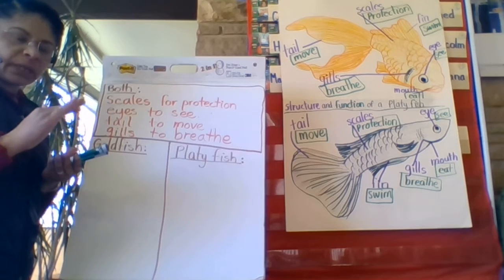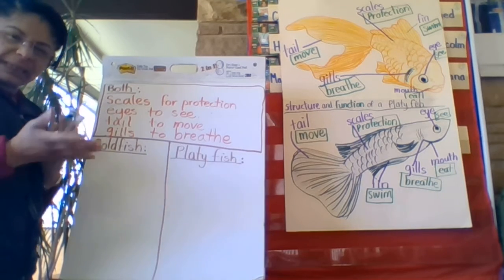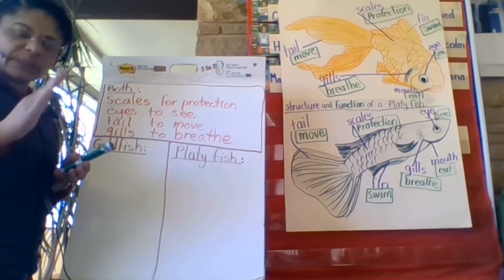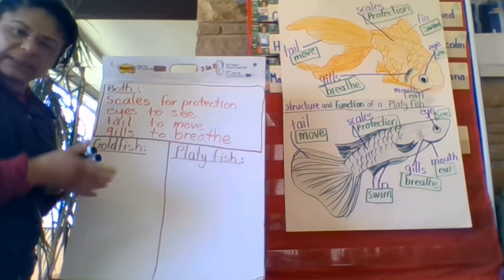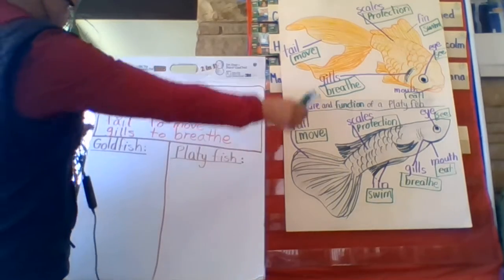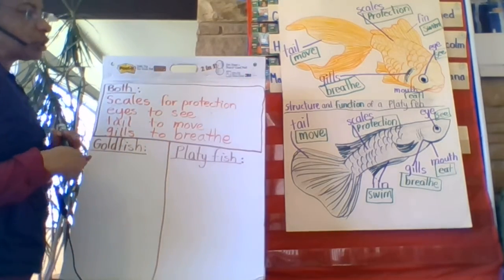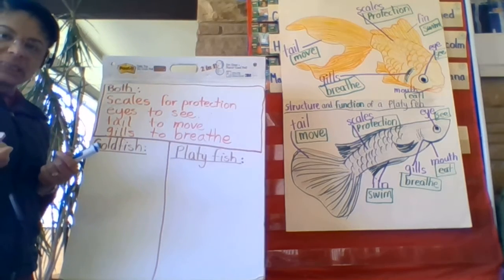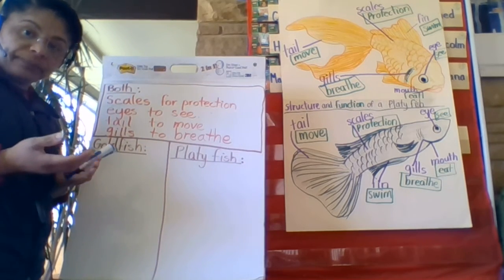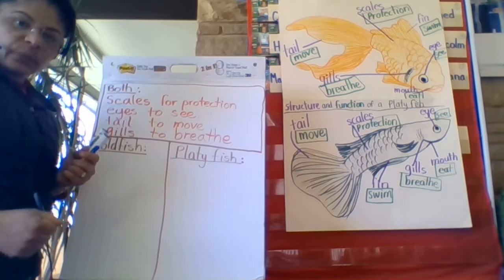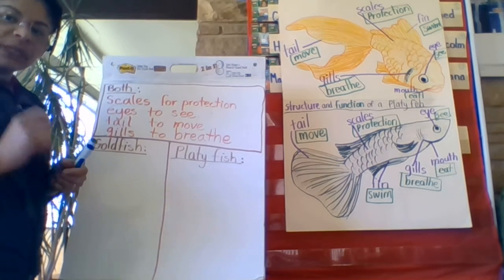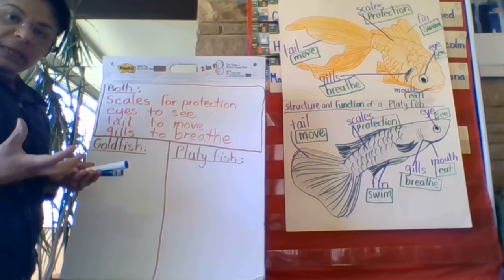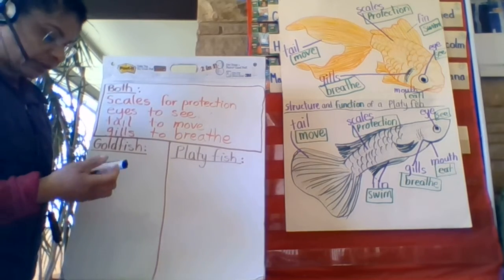Some of them, I've seen, have a little bit of brownish on them, and on their belly part sometimes they have a little bit of white, kind of silver. But yes, in this case, in our scientific illustration, the color immediately pops up. And when we're looking at differences, we think about color, we think about size, we think about shape, and those characteristics help us notice the difference between one thing and the other.